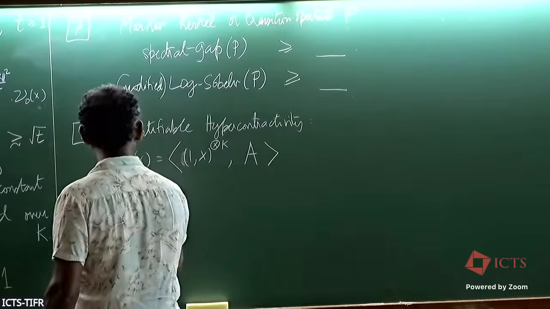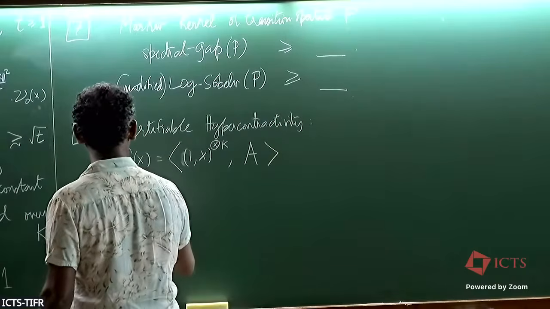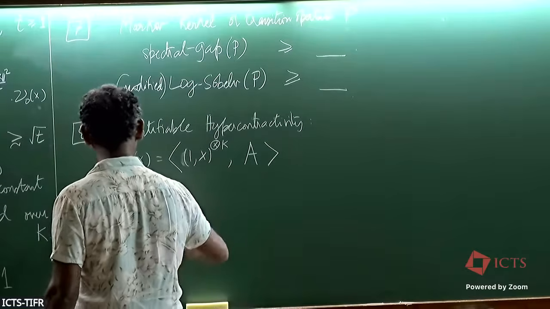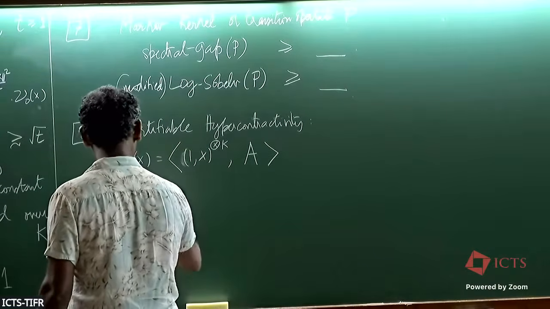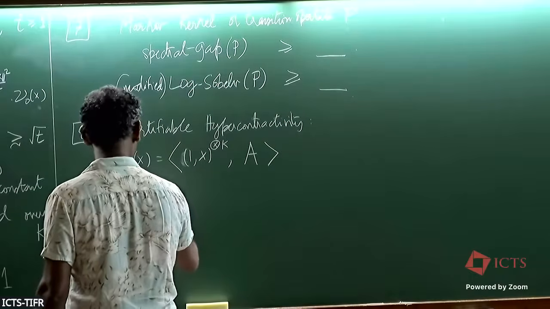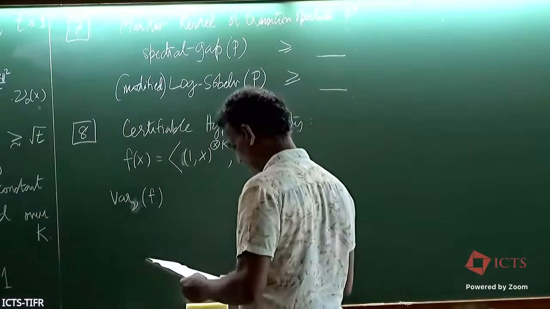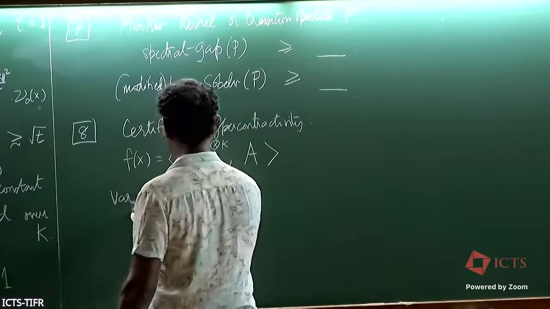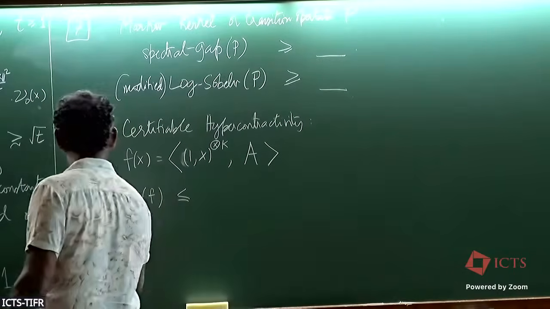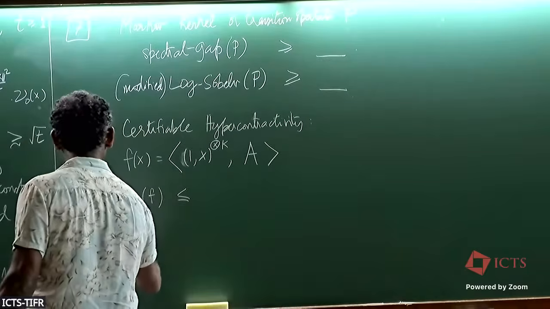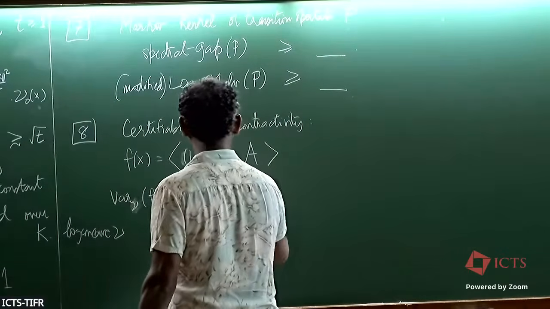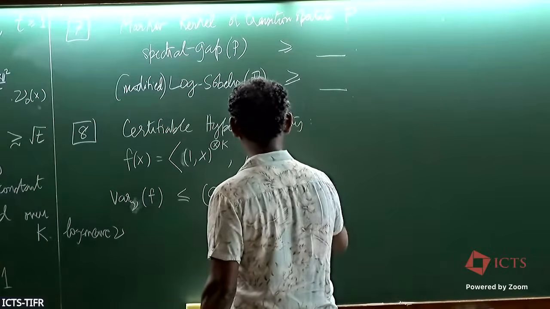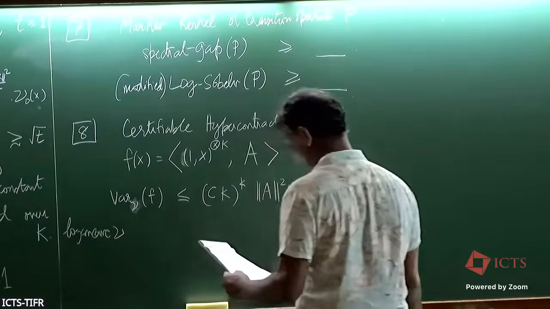The point is this: the hypercontractivity inequality is that the variance over a given distribution, so I could call it nu, of f, for this family of functions, is bounded by, now we're talking about nu log-concave, a universal constant C to the k, where k is the degree, times the Frobenius norm of A squared.